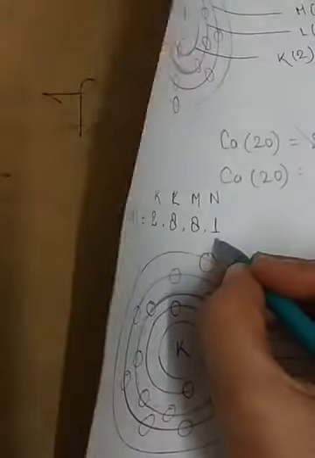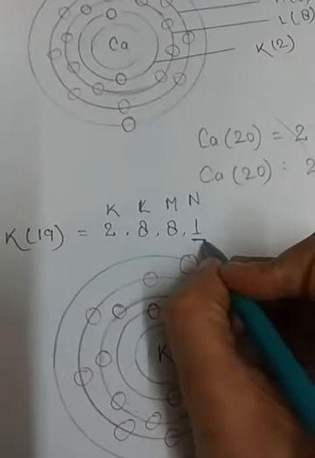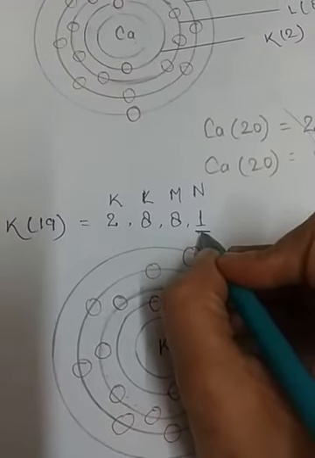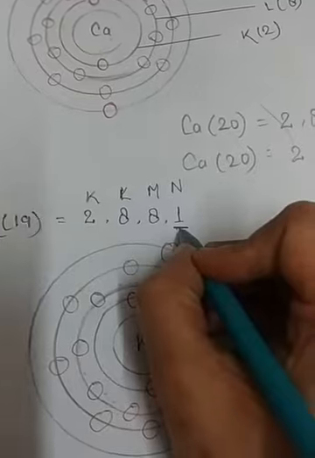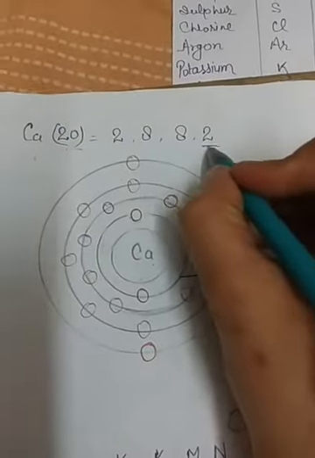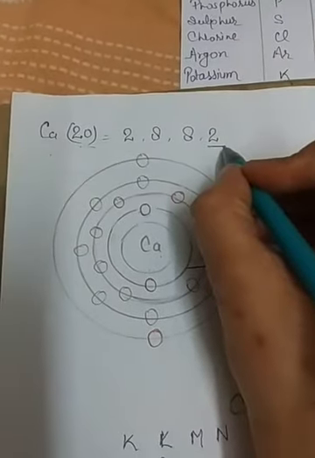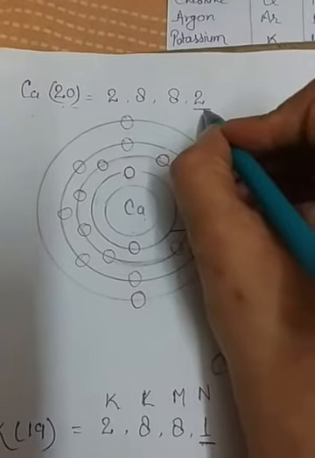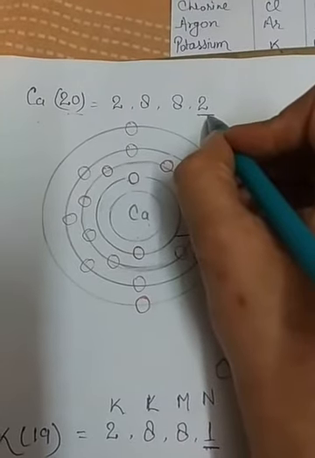And what is the valency of K? If the outermost shell has fewer than 4 electrons, then the valency will be equal to the valence electrons. Here the valence electrons are also fewer than 4, so the valency will be equal to the valence electrons. So the valency of calcium will be 2.